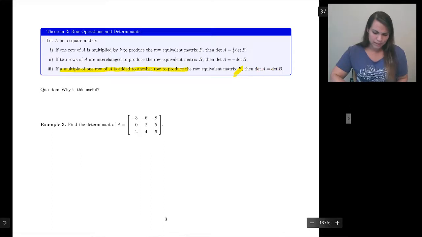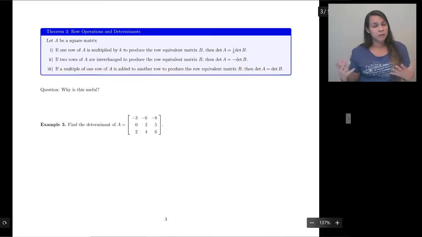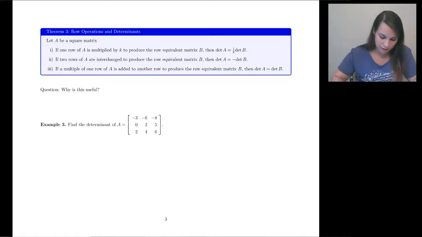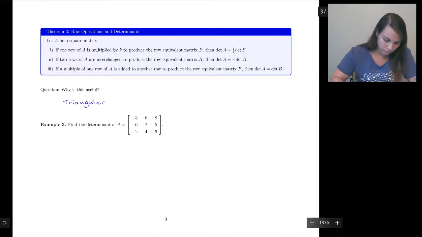So why exactly is that useful? Do you remember we had a theorem about triangular matrices? I think it was at the end of the last lecture. Triangular matrices have easy determinants.